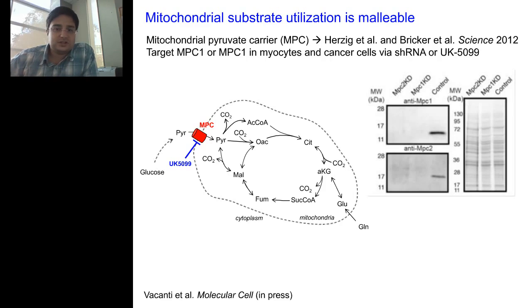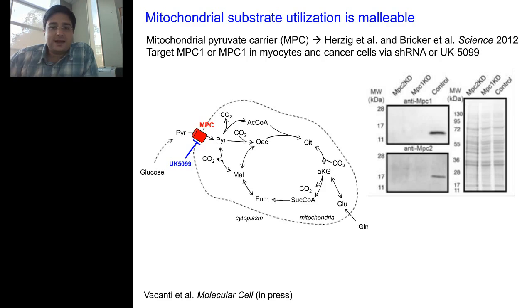The genes encoding this transporter were identified just 2 years ago, and what we've done is observe how mitochondrial substrate utilization changes when we knock down MPC1 or MPC2, or treat cells with an inhibitor of this mitochondrial pyruvate transporter. This manuscript was actually just published online today in Molecular Cell, along with some other manuscripts which describe similar effects in cancer and muscle cells.